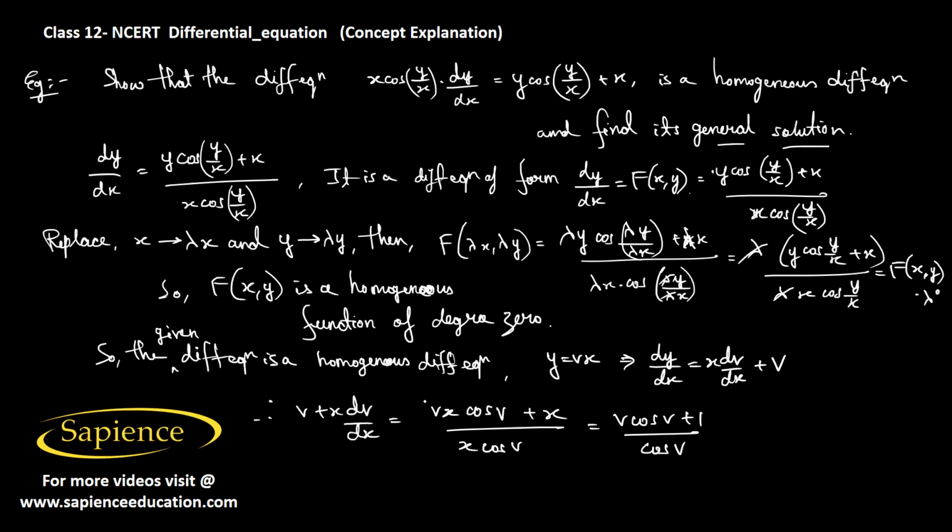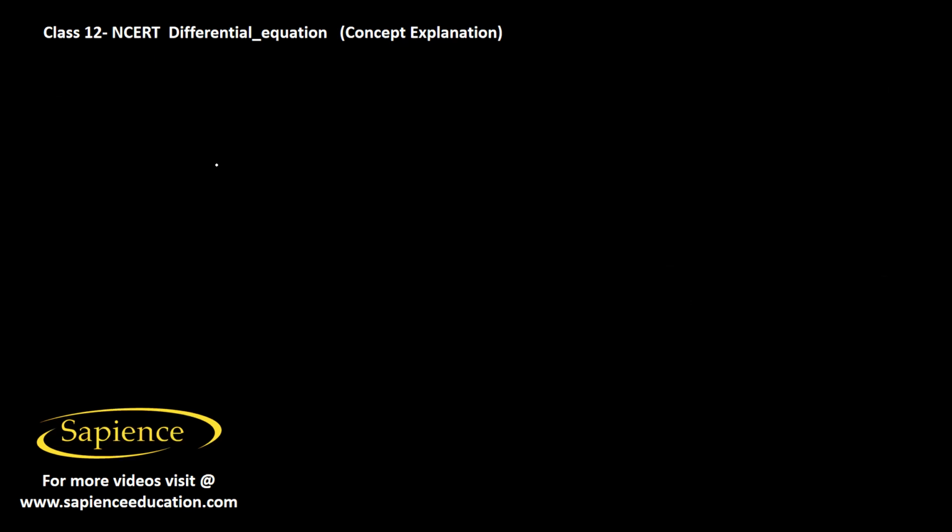Okay, so then we can write x dv by dx equal to v cos v plus 1, divided by cos v, minus v.